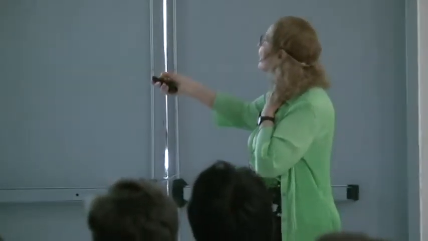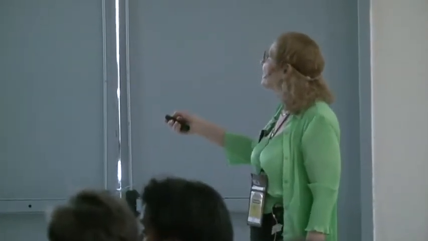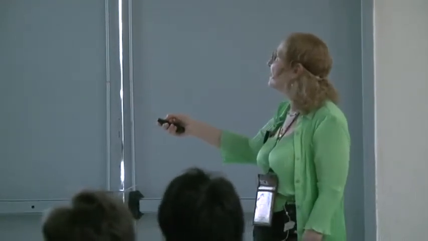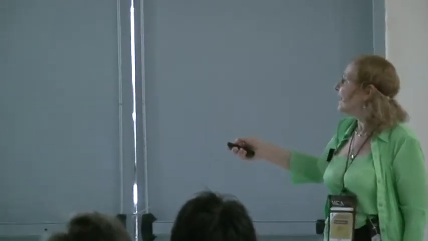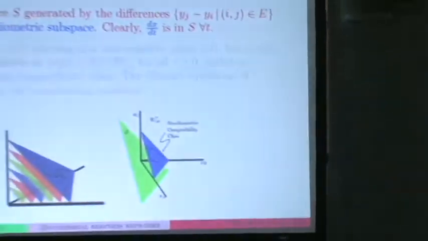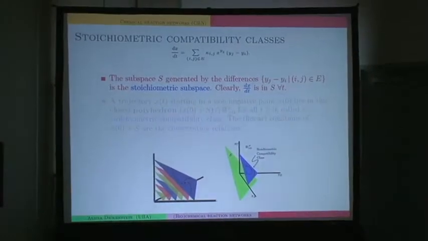Okay, so let's give another look to this equation. This derivative, the vector, lies in the span of these vectors y_i minus y_j. So it is more or less evident, as this derivative is there, in the subspace I'm going to call S, the linear subspace generated by these differences. So the trajectory is going to lie in a parallel translate of this subspace.